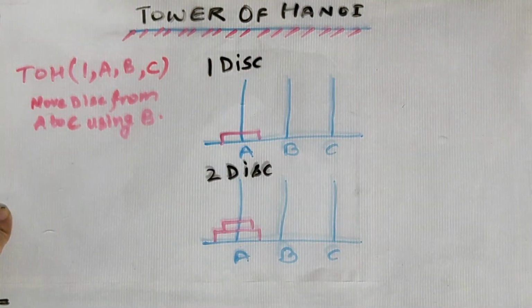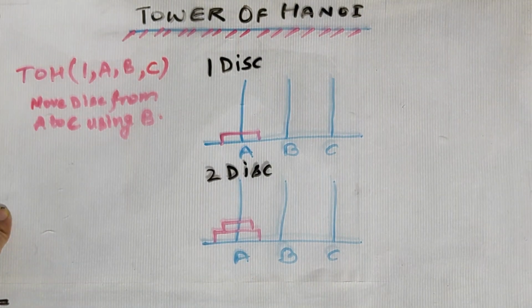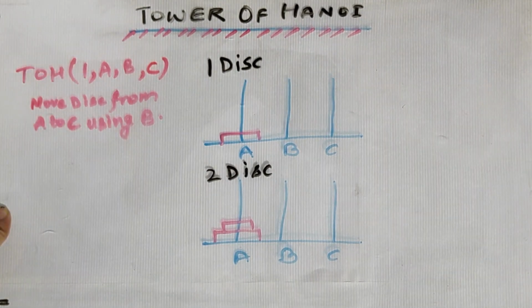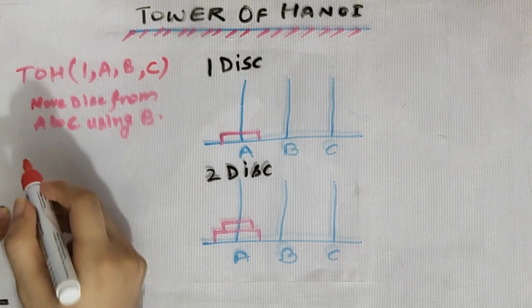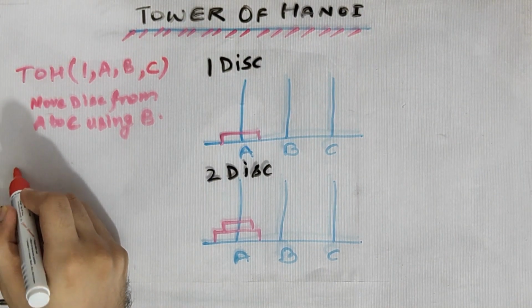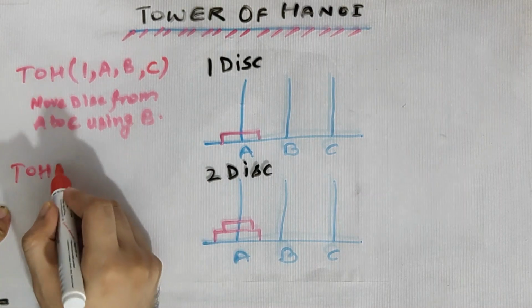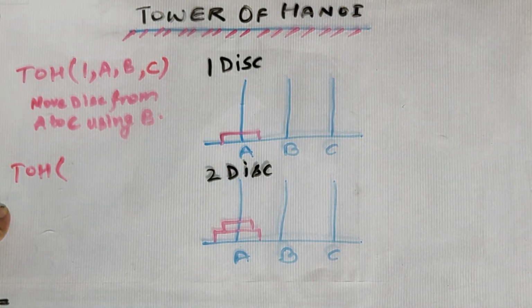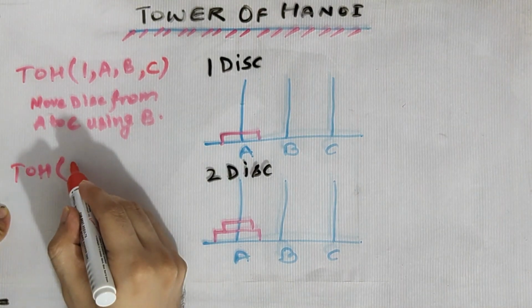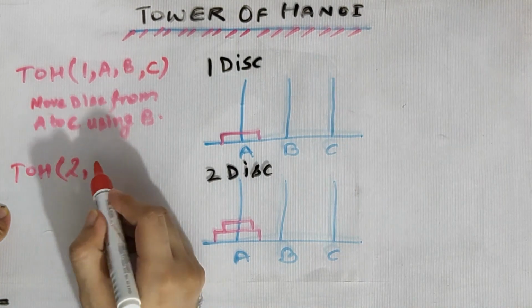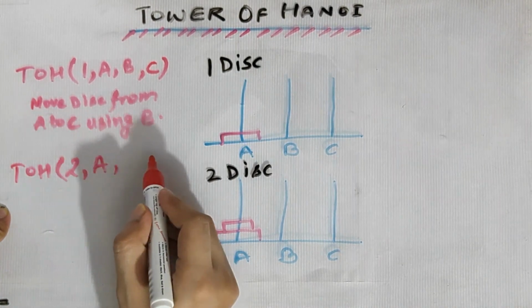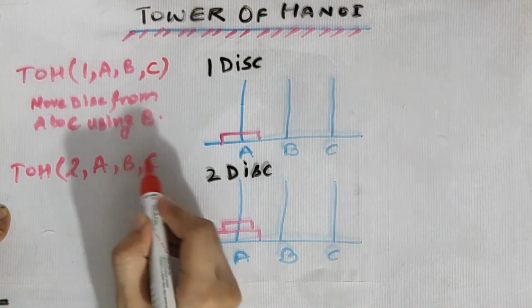We are not using B, but we write it so that it will be easier to generalize in later cases. Now let's see two disks. TOH, now we have to move two disks, so 2 from A to C using B.